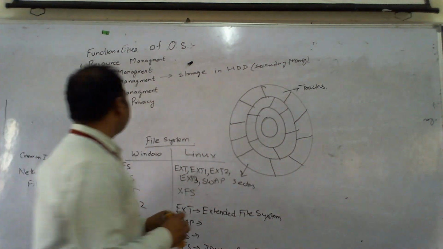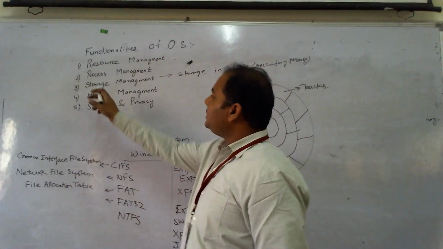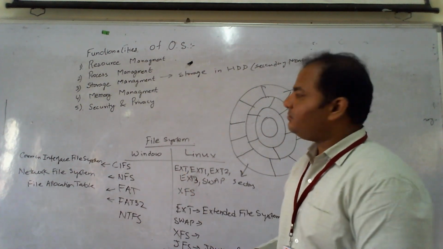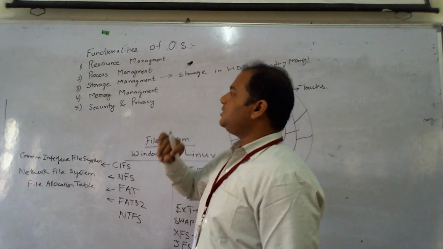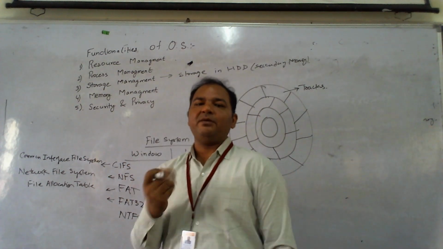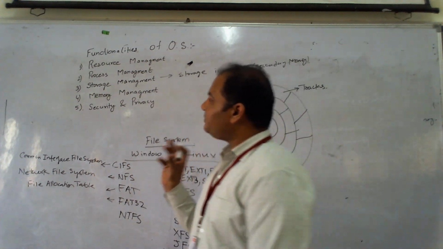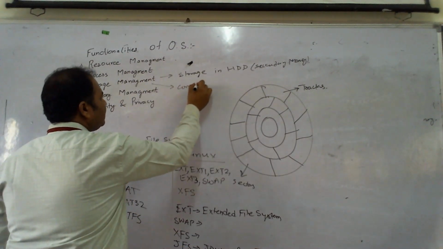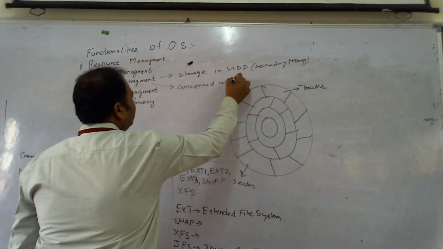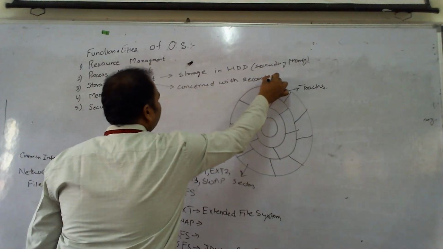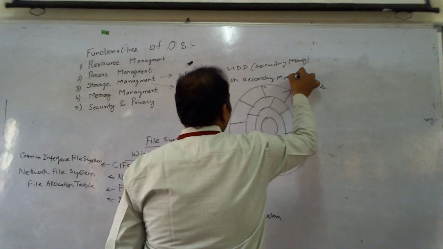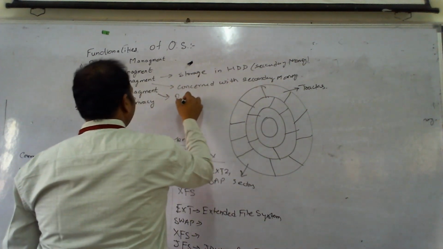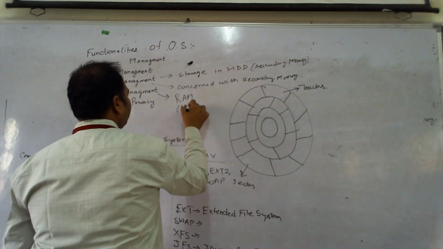Now you can see written here storage management and memory management. These terms are closely related, and many students get confused about the difference between storage management and memory management. Storage management is concerned with secondary memory, but memory management is concerned with the RAM, which is main memory.